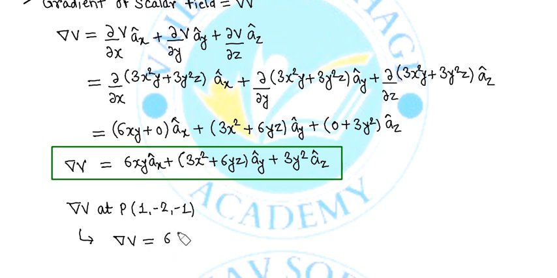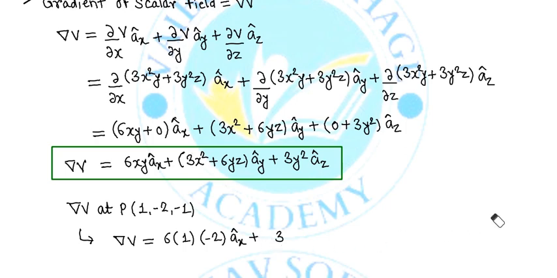So 6 into x, x is 1, y is -2, then ax cap, plus 3x square.